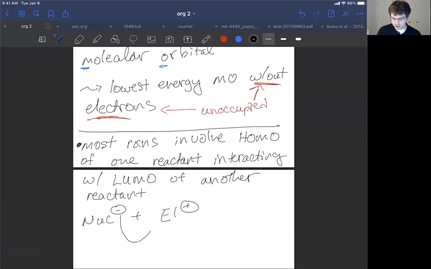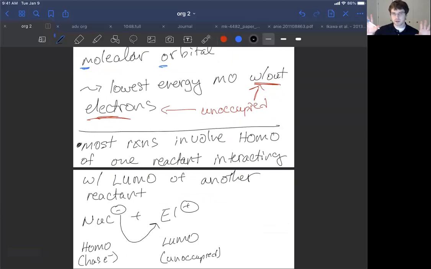The negative charge is attacking the positive charge, but it's really the HOMO of one thing attacking the LUMO of another. Why do I put the HOMO on the nucleophile? Well, the HOMO has electrons, and the LUMO is unoccupied. That means it doesn't have the electrons, so it's willing to find things that do.